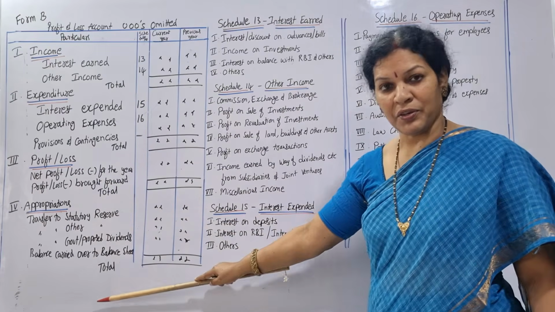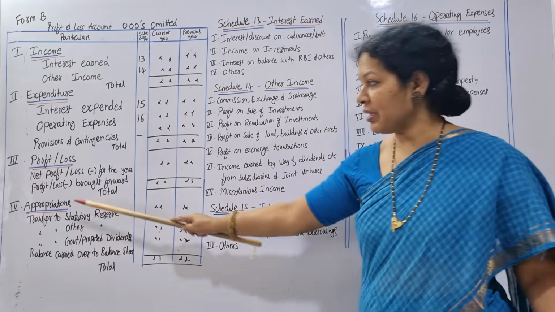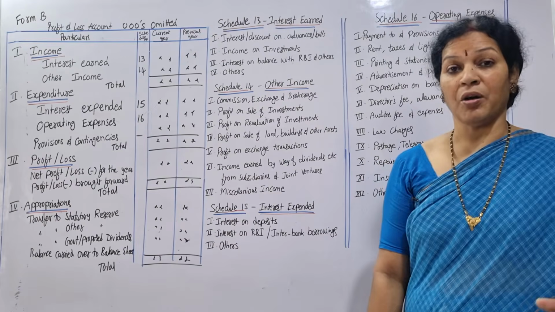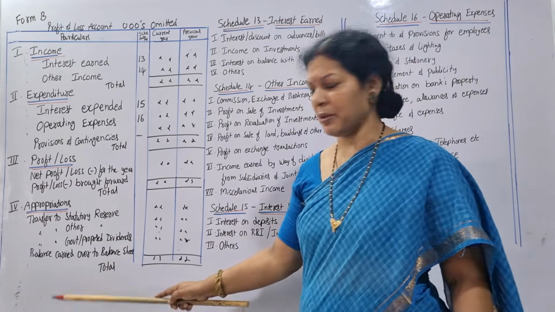Under the profit and loss account, though we are not doing anything, there are appropriations, adjustments. What are appropriations? Few points you have to remember.